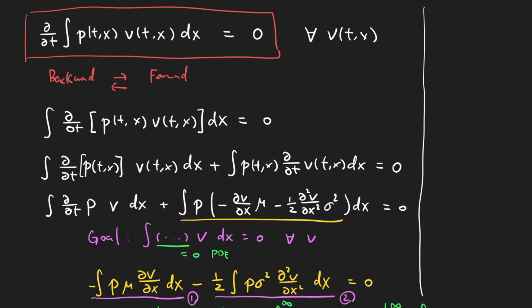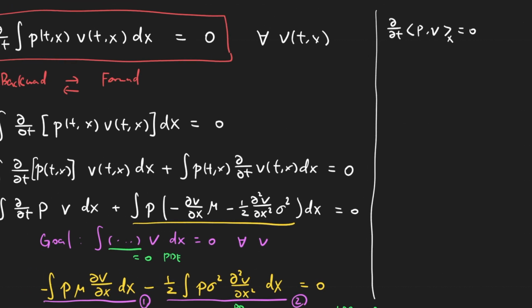For the starting point, we have the partial t acting on the inner product between p and v equals to 0. I should denote this inner product is with respect to x. Then we can apply the product rule.